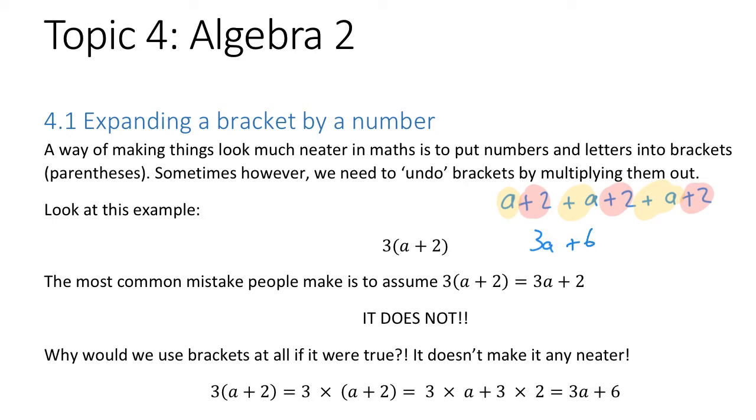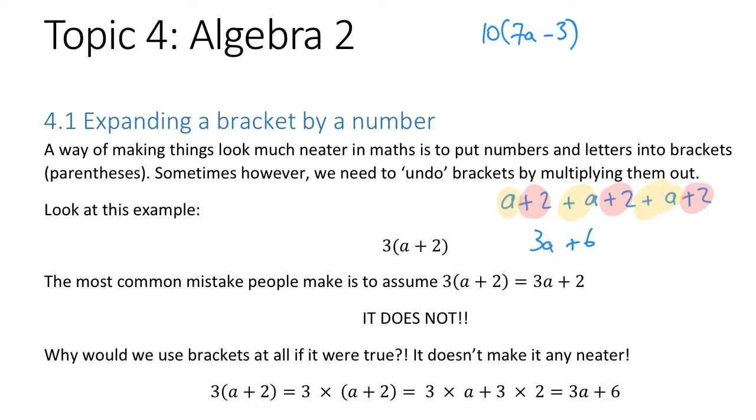So whenever we're expanding brackets, rather than writing out the expression 3 times, so if we have 3 lots of a plus 2, or if it was even more ridiculous, if we had 10 lots of 7a minus 3. So instead of writing out 7a minus 3 and adding those together 10 times, what we can do is we can multiply the bracket and multiply into it.